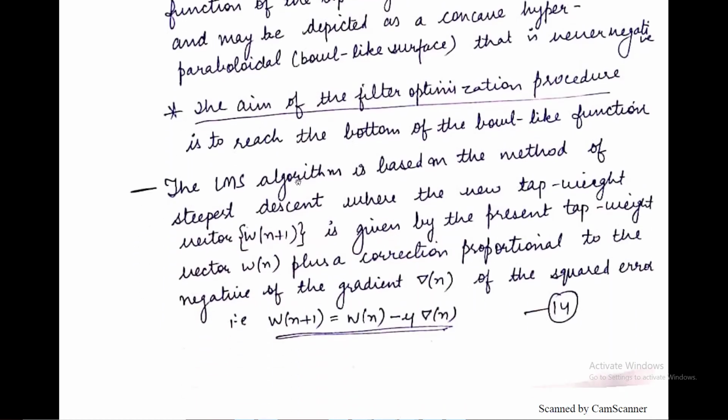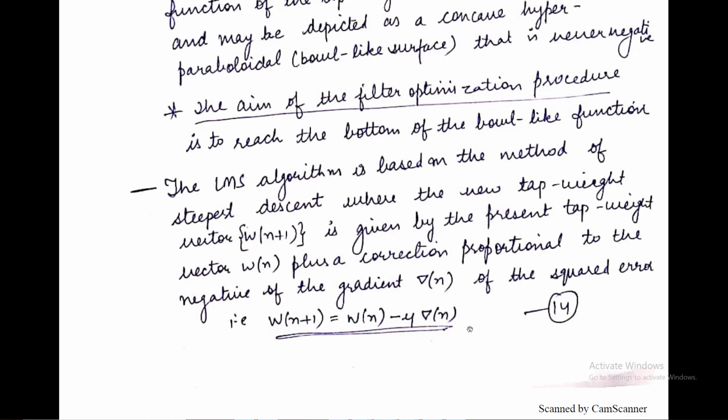So the LMS algorithm is based on the method of steepest descent, where the new tap weight, we can say W n plus 1, is given by the present tap weight, means W n vector, plus a correction proportional to the negative of the gradient, that is delta n of the squared error.